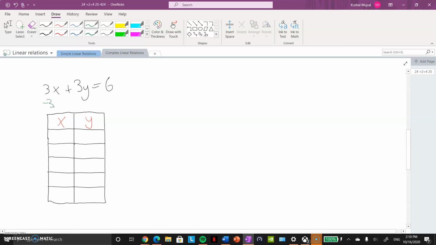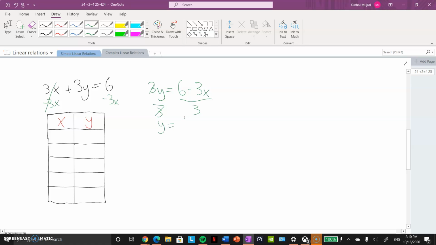Okay. So we can take away 3x from here and 3x from here. This cancels. So 3y equals 6 minus 3x, and then we want y to be completely by itself, so we're even going to take away this 3.